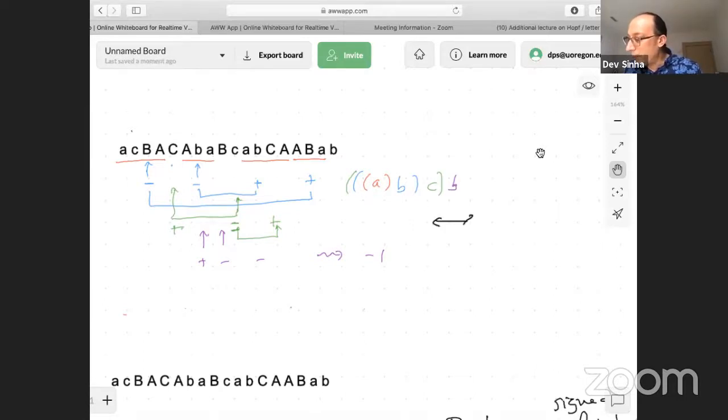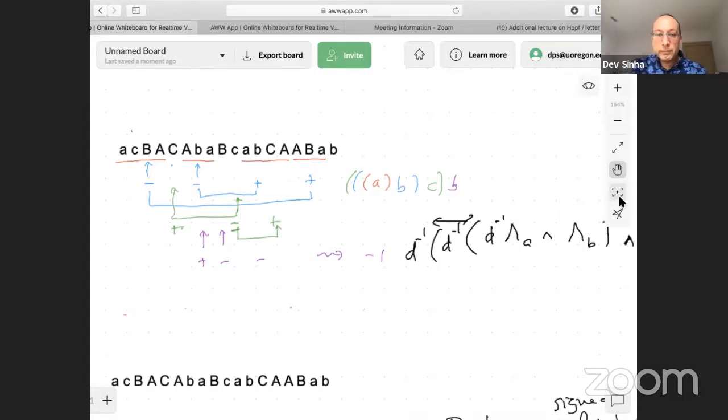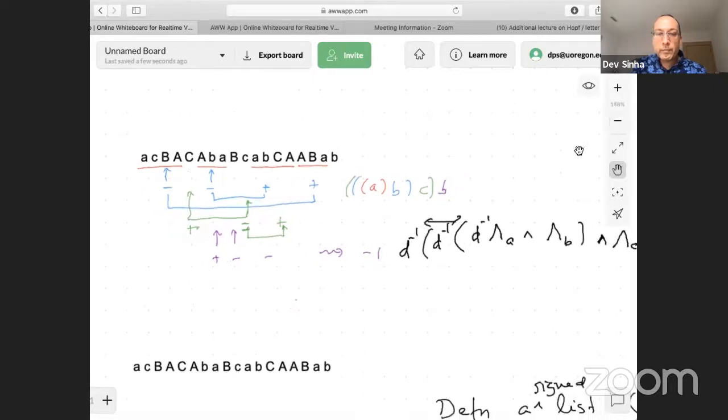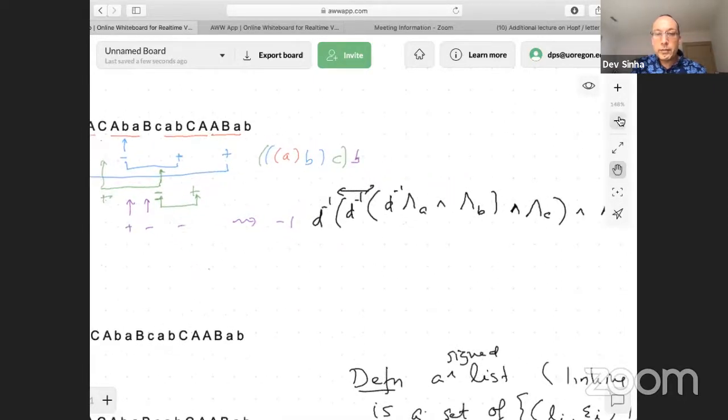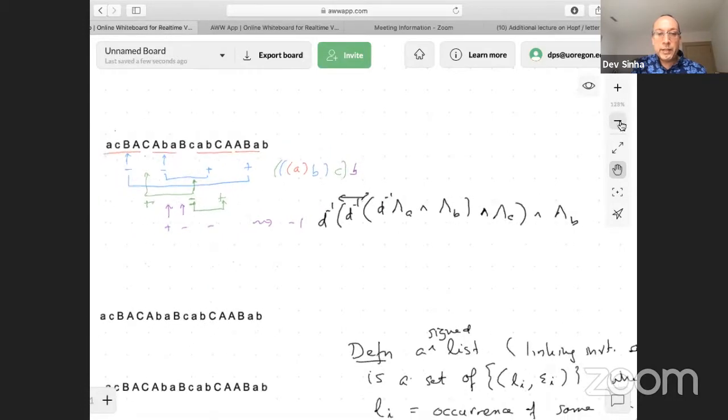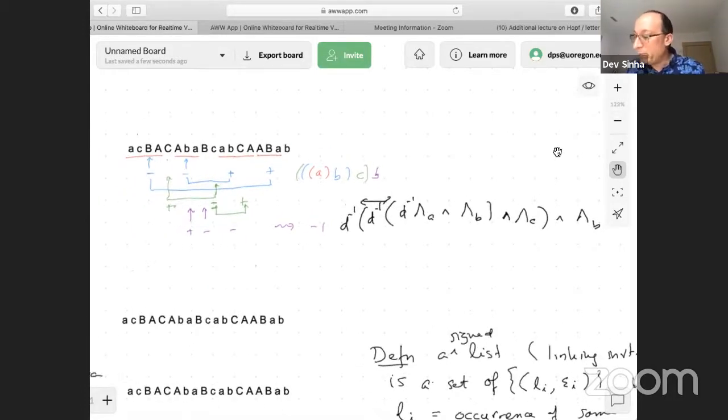This was shorthand for: take the list of occurrences of A, cobound it, intersect that with the list of occurrences of B, cobound that, intersect that with all occurrences of C, cobound that, and intersect that with a list of all occurrences of B. So that's the recipe when I have this little sigma here.